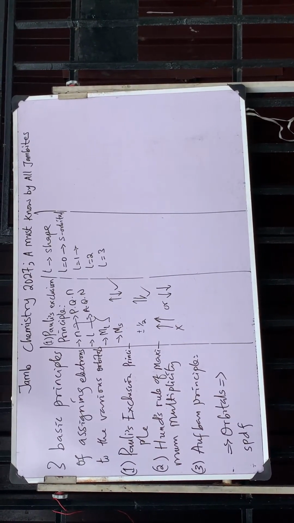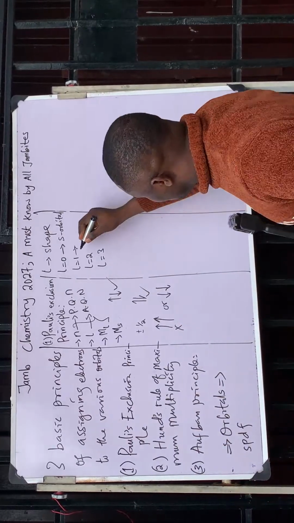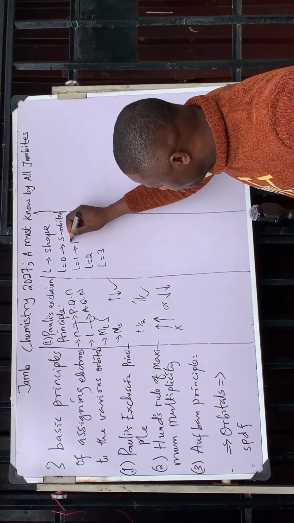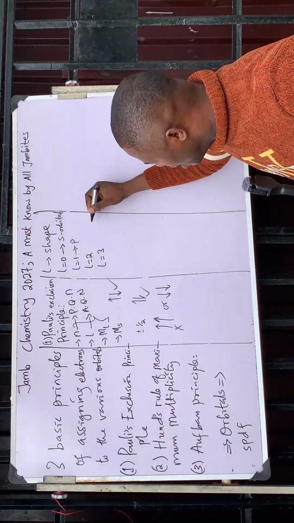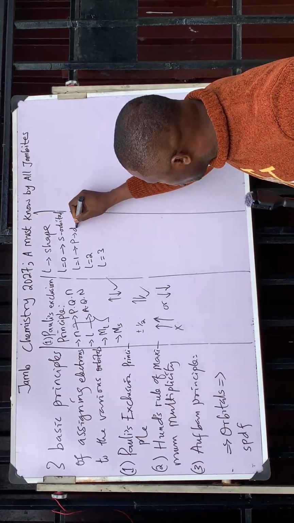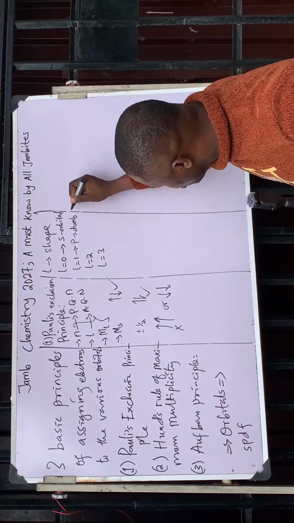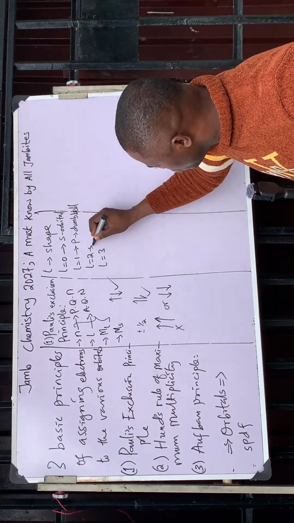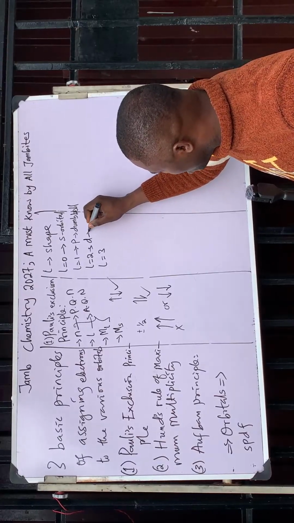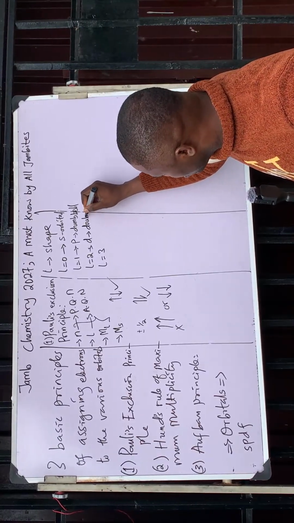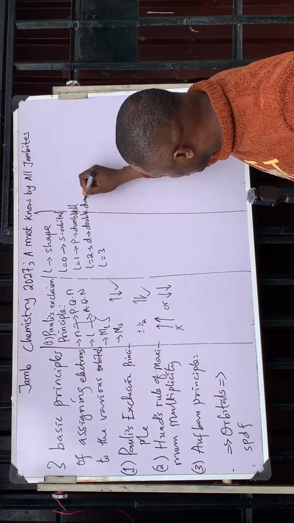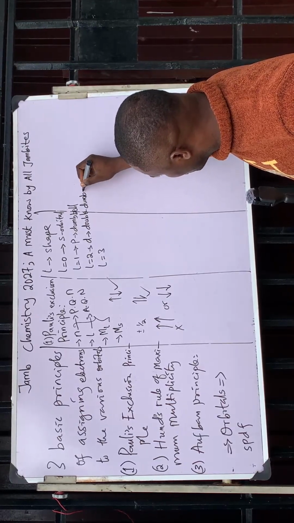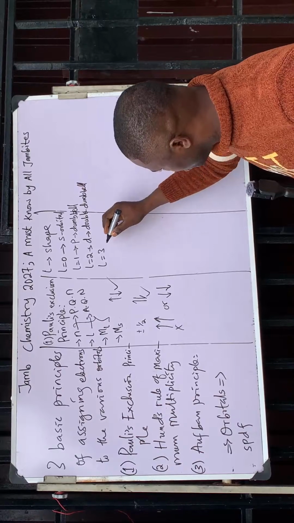All right, so now at L equal to 1, we are talking about the p orbital. And the p orbital is dumbbell in shape. But when it is 2, we are talking about the d orbital, and the d orbital is double dumbbell in shape.